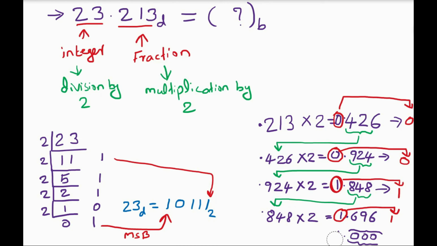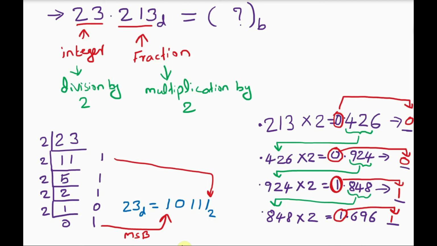But in exams, if the fractional part is not going to become 0 in 3 or 4 steps, they will usually mention up to 3 fractional places or up to 4 fractional places. Here we have calculated 4 fractional places, 1, 2, 3 and 4.